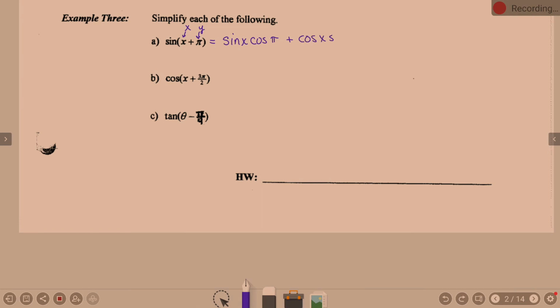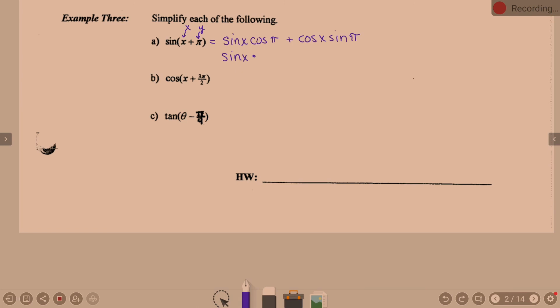So cosine x times sine of pi. Okay, it's simplified to the following. Clean up anything you can. Sine of x, I don't know anything about because I don't know what x is, so sine of x is going to stay sine of x. What about cosine of pi?